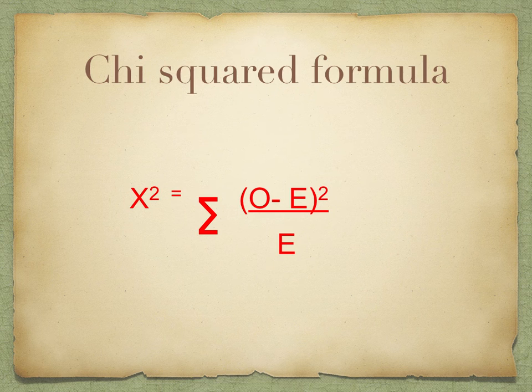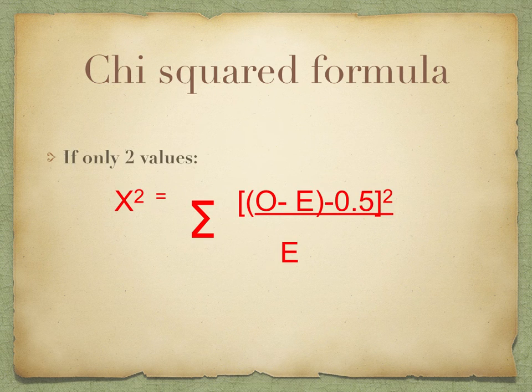Here we have the chi-squared formula. It's equal to the sum of the observed minus the expected, squared, over expected. And if you've only got two values, you have the sum of observed minus expected, minus 0.5, squared, over expected.